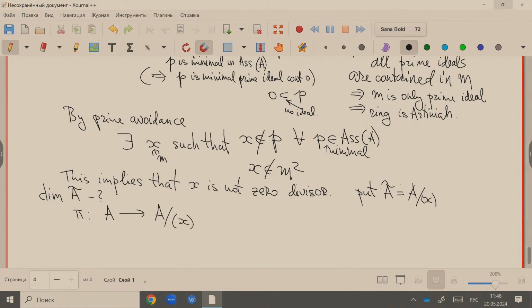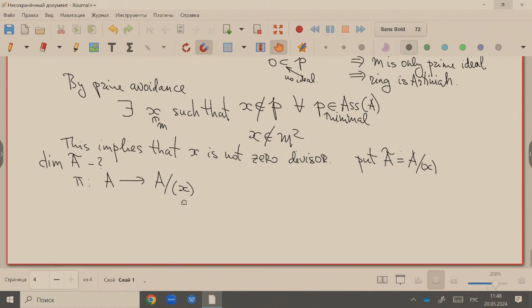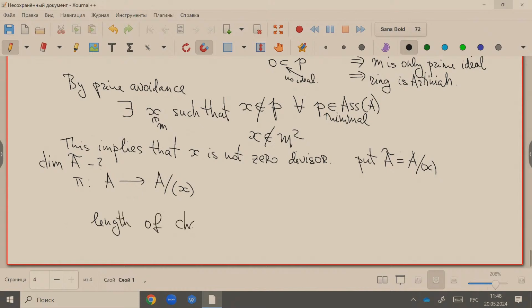Then you take this projection, and if you are interested in dimension, you want to speak about the length of the chain, x in P1, etc. Before we were speaking about codimension; now we are speaking about dimension, the length of such chains.